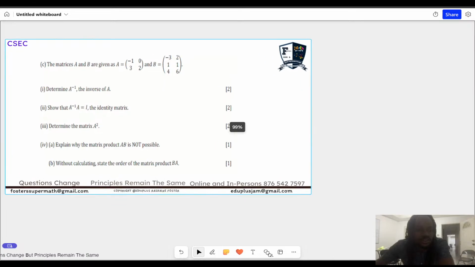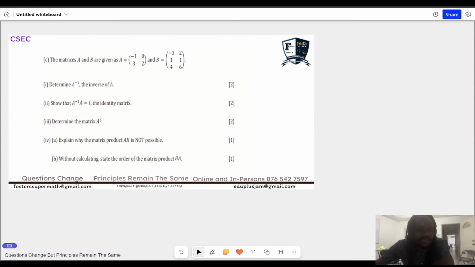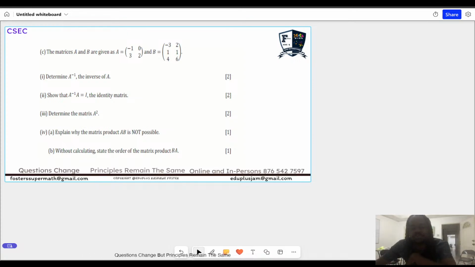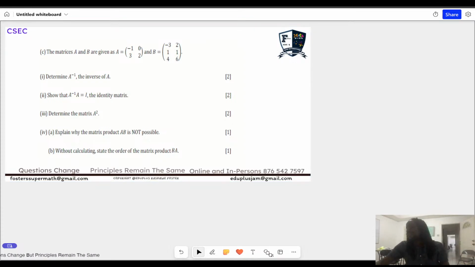The first thing, determine A inverse. Second, show that A inverse times A is equal to I, the identity matrix. Step 3, determine the matrix A squared. Step 4, explain why the matrix product AB is not possible. Step 5, without calculating, state the order of BA.